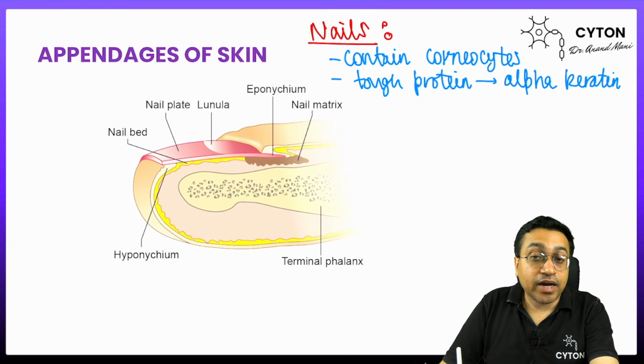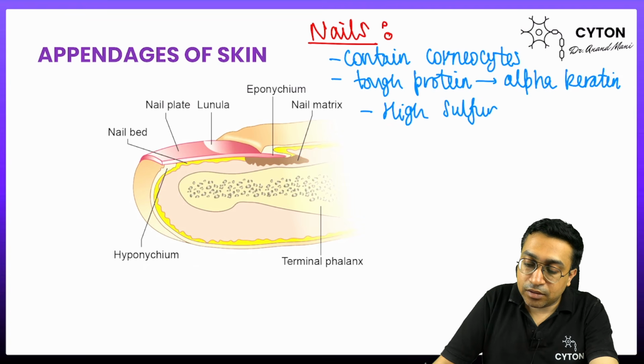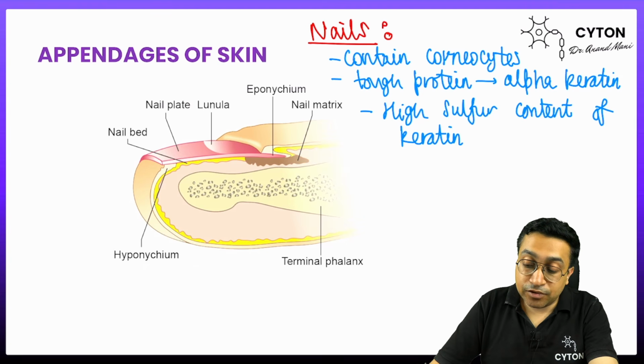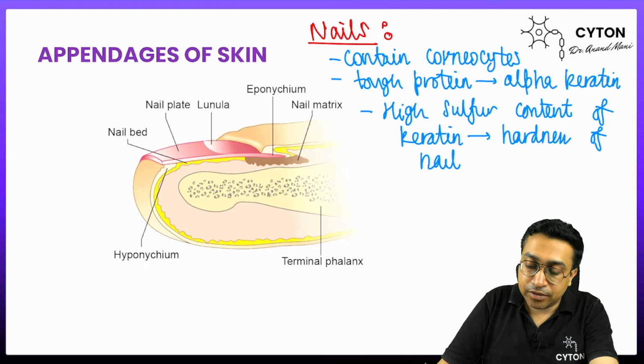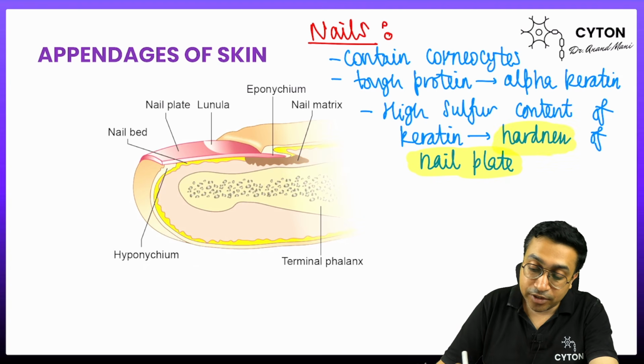High sulfur content of the keratin, please remember, is responsible for the hardness of the nail plate. Actually there are many disorders which are linked to the nail plate. If it becomes thin, then there is a problem. So maintaining hardness is very important.